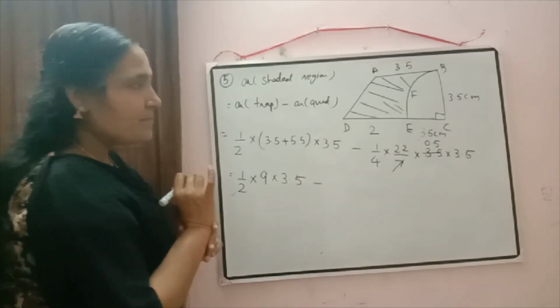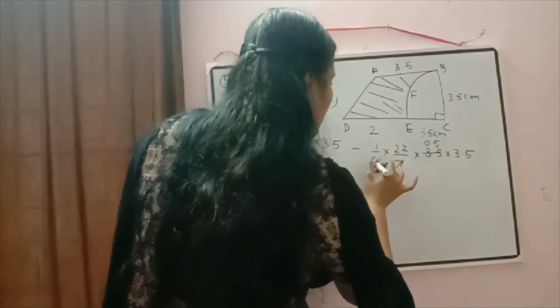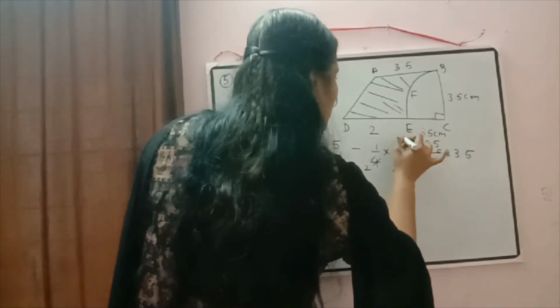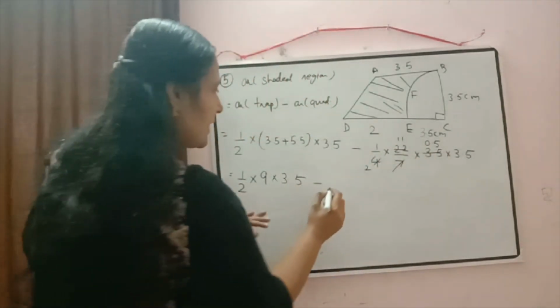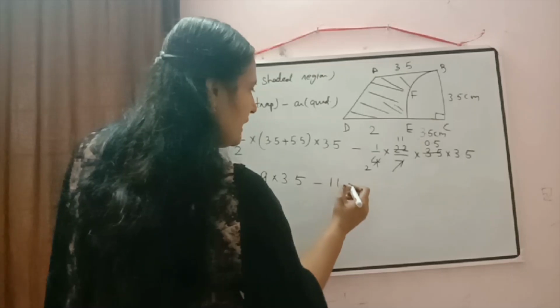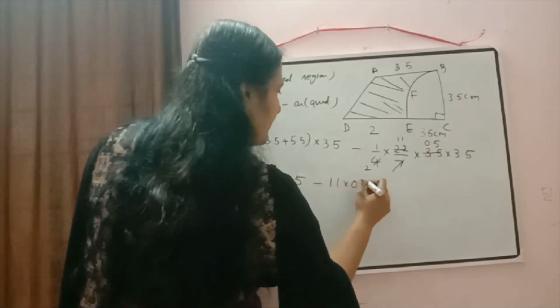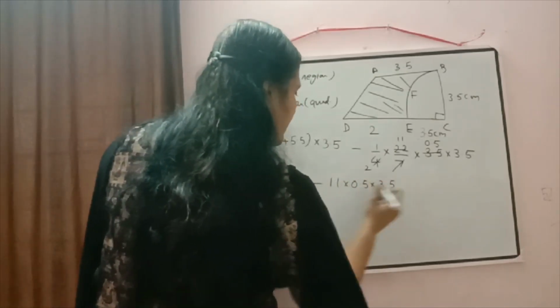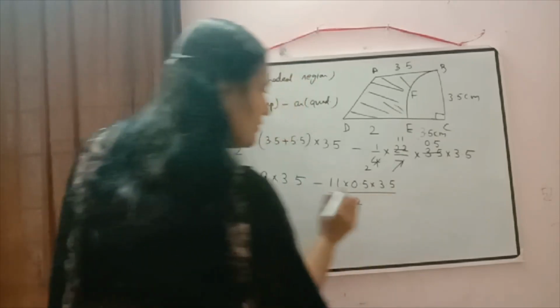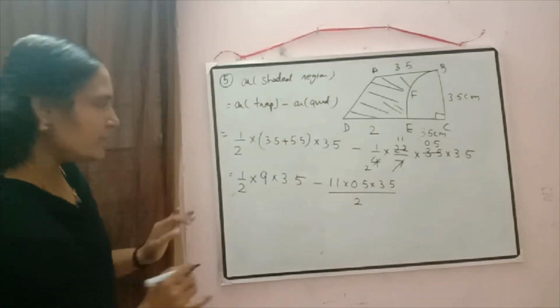And then 4 and 2 also. So now we are just writing what are the things remaining here: 11 into 0.5 into 3.5 by 2. These are the things remaining.